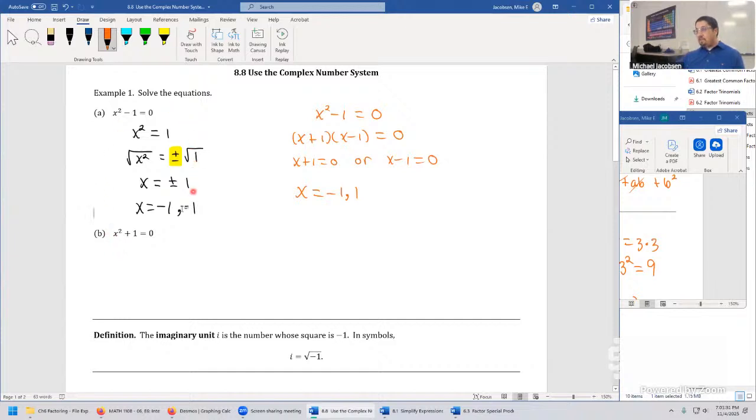But we can take this same sort of technique, simplify this by isolating the x squared portion. You get x squared equals -1. Square root both sides. So we'll have root x squared equals two possible answers, positive or negative, square root of -1.